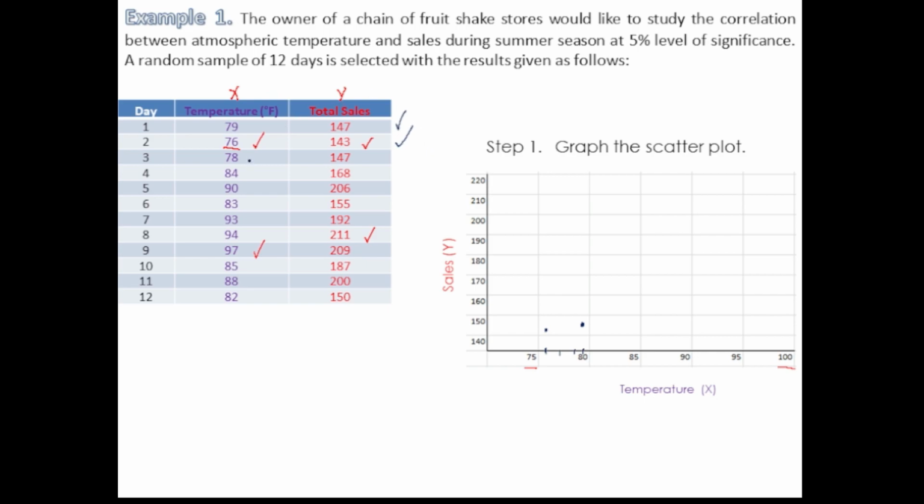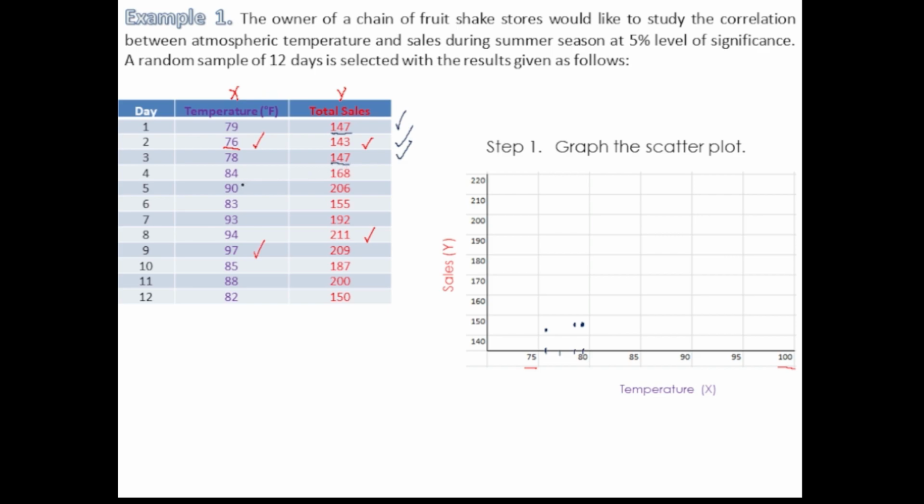Next, third ordered pair ay 78, 147. 78, nandito papunta na sa 80, tapos 147, pantay siya dun sa ordered pair ng una kasi parehas silang 147.